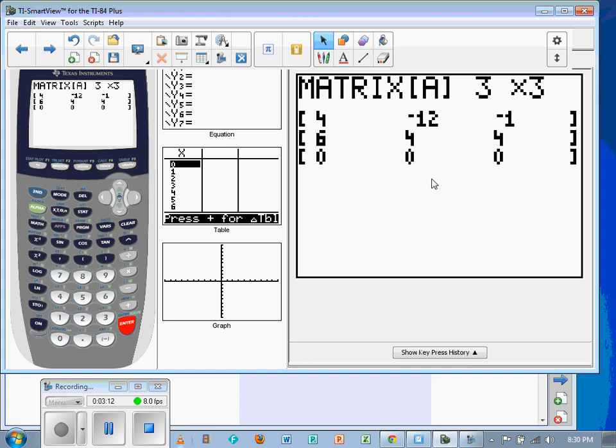And you have the capability of actually changing the size of the matrix. Now, the first number is the number of rows in your matrix, so you hit 2. You'll notice the calculator automatically shrinks it down to 2. And we're okay with a 3 because we have 3 columns, so we'll enter there. And then you enter in all the numbers in your matrix. I've already done this, but you just hit enter.